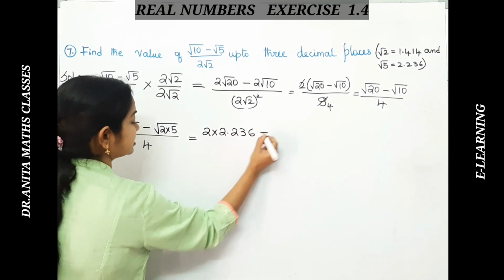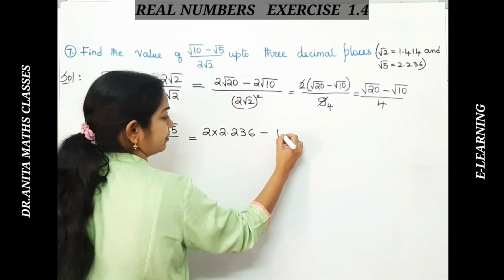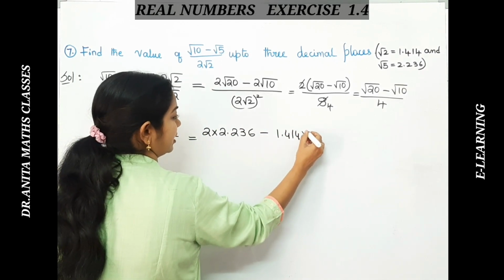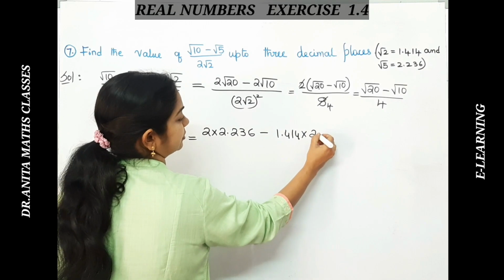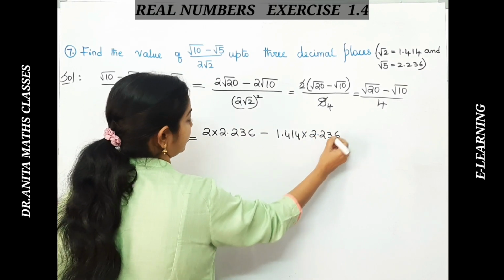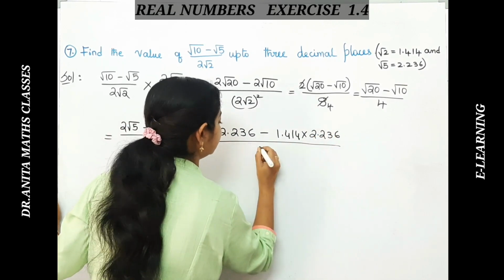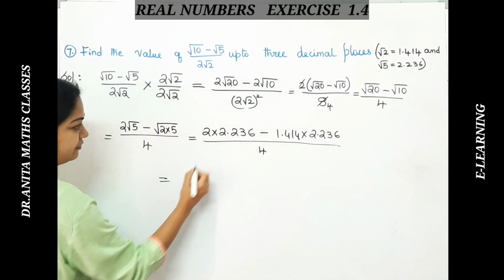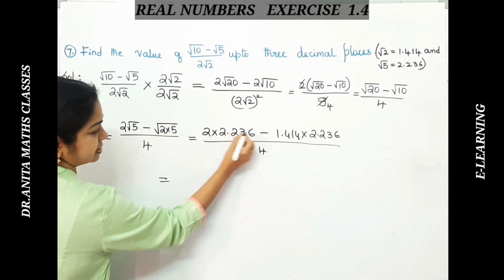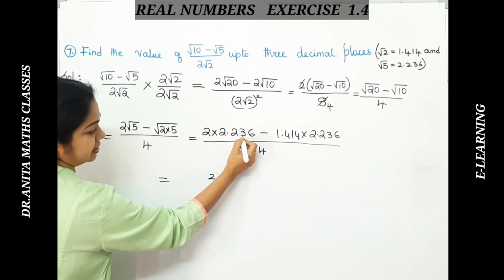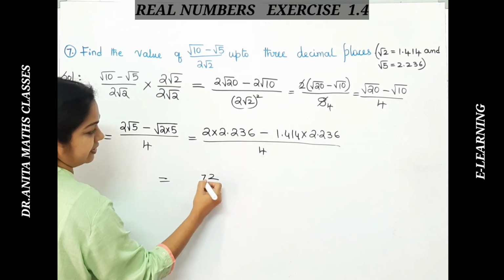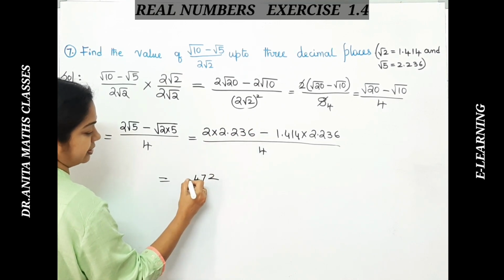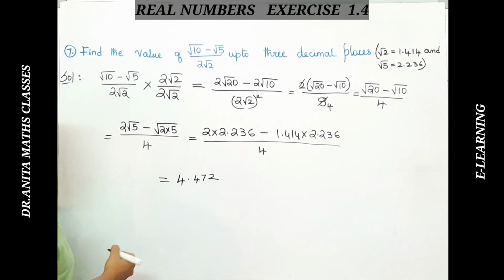You have to remember this. The value of root 2 is 1.414, multiplied by 2.236. So you have to do some simplification here. If you do the simplification, 2 into 2.236 becomes 4.472.